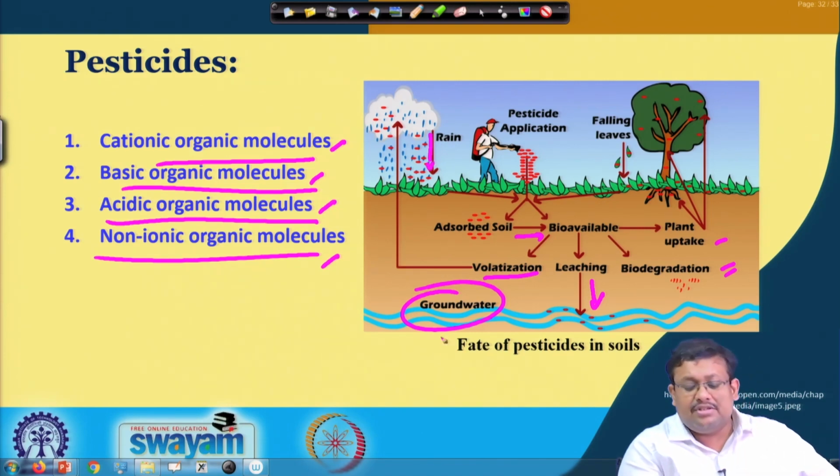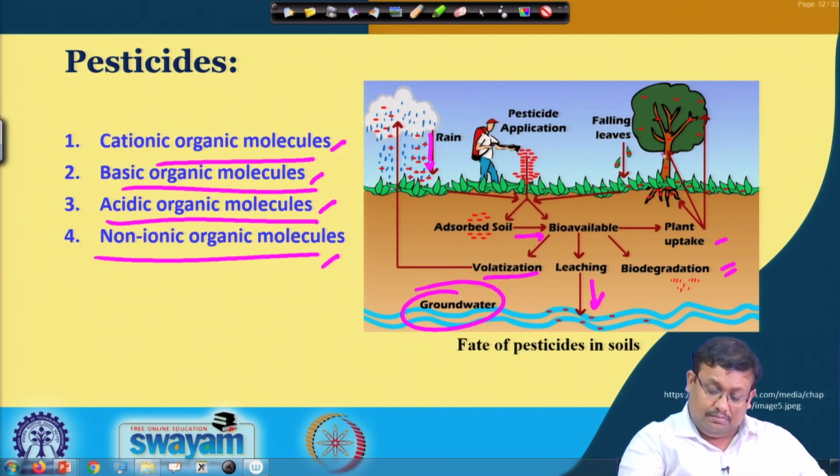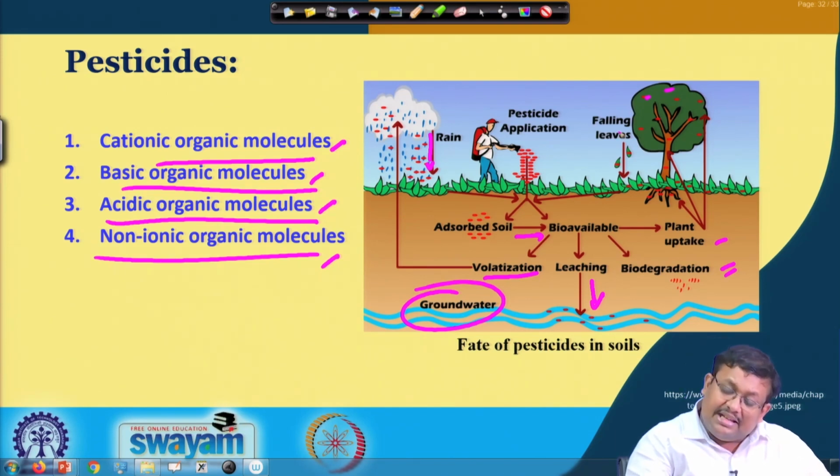You can also see, due to the application of pesticide on the leaves, it can come back through the falling leaves. Plant uptake can incorporate these pesticides into the leaves and bodies, and through the falling leaves they can also come back directly into the soil.